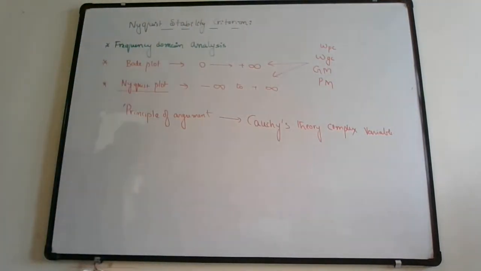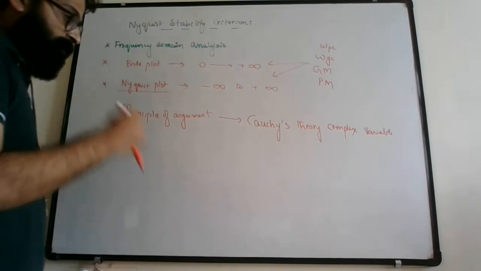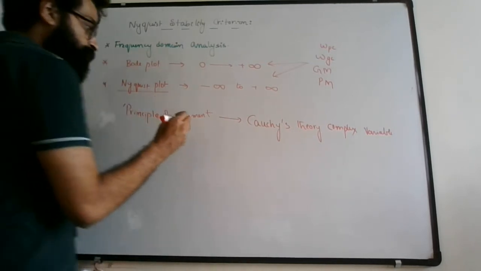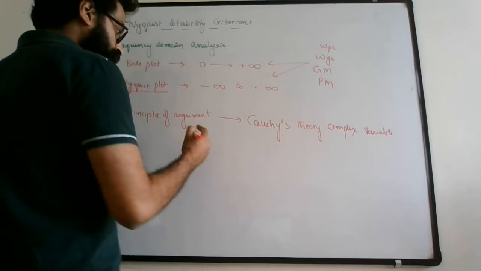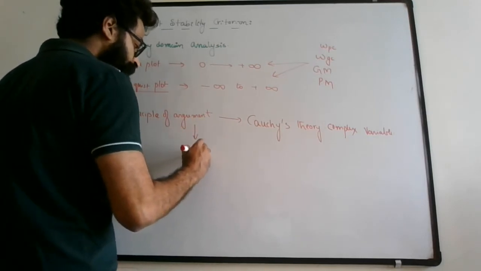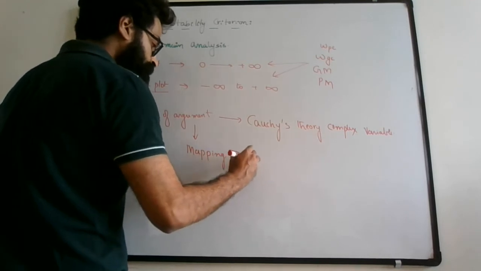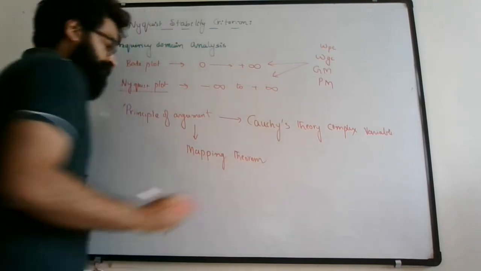In detail, I'm not going to touch upon what exactly the principle of argument is, but what I can say is basically, this principle of argument follows a kind of mapping. So sometimes it is also called the mapping theorem.